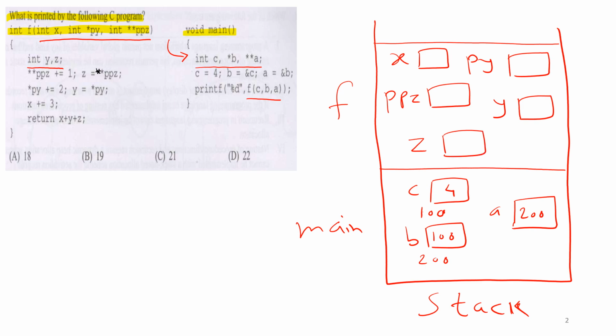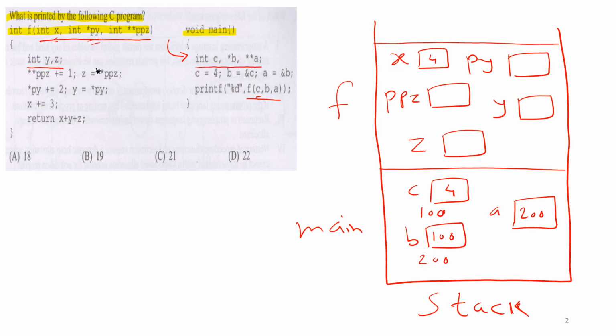Now as you can see, the value of c from main will be copied into x. What is the value of c? The value of c is 4. So that is copied into x. These are positional parameters, so c will be copied into x. Then we have b. The value of b is copied into py.